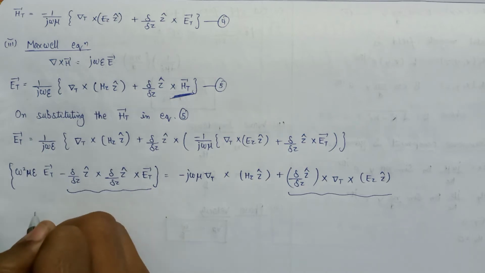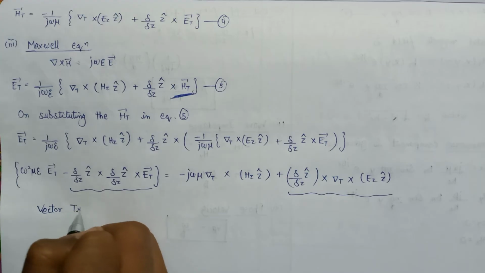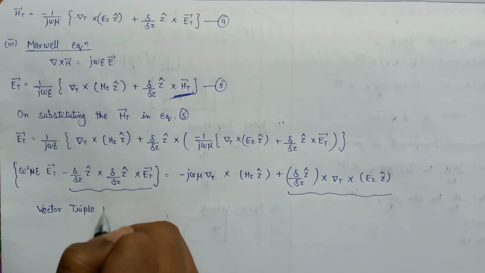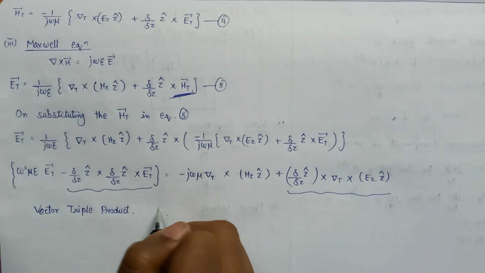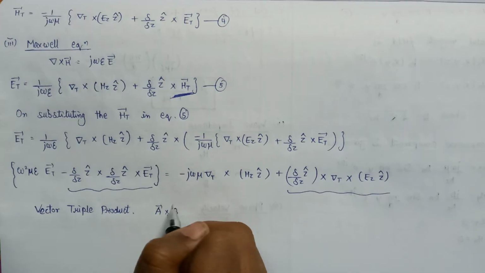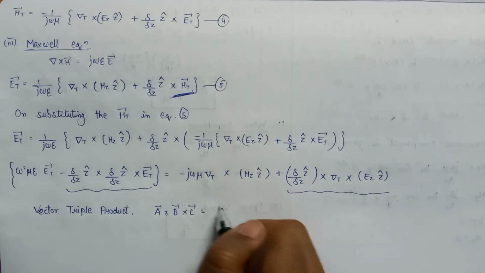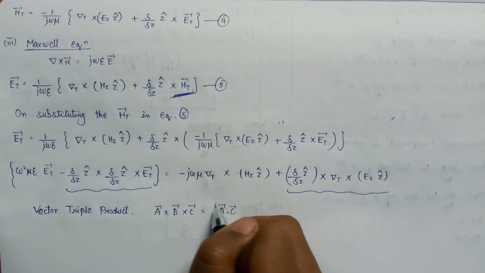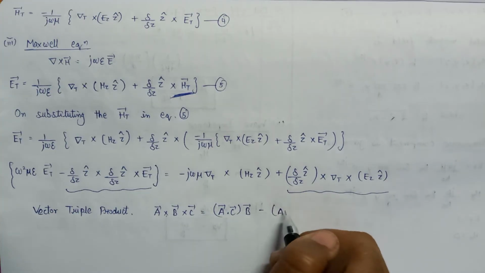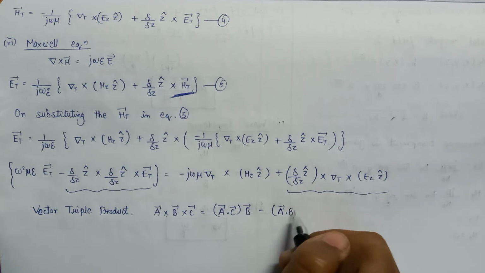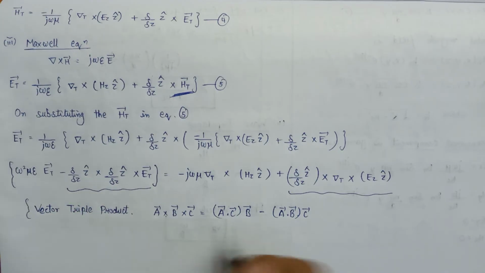So by the vector triple product identity, we can say that A vector cross B vector cross C vector can also be written as A dot C in multiplication with B minus A dot B in multiplication with C. This is the vector identity.